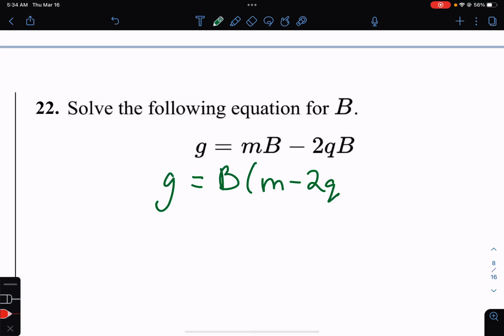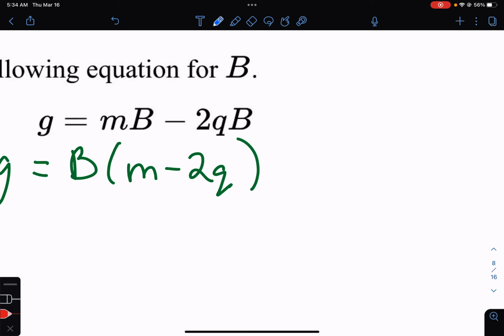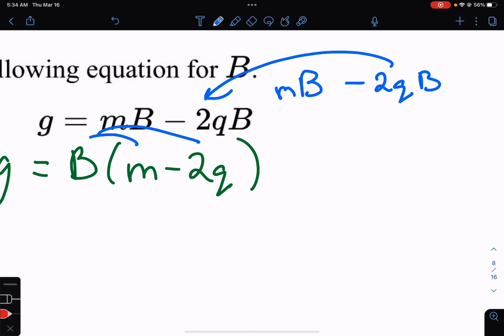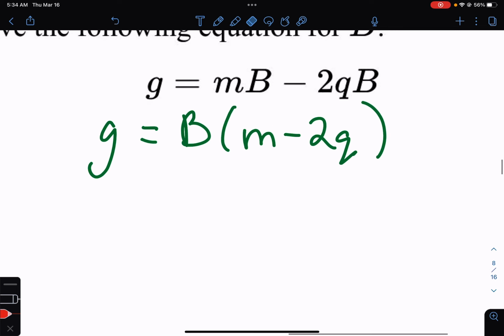Now, you know that this is equivalent, right? If I were to distribute that b back in there, I would get mb minus 2qb, which is what I started with, right? So it works, all right? So we can do this.